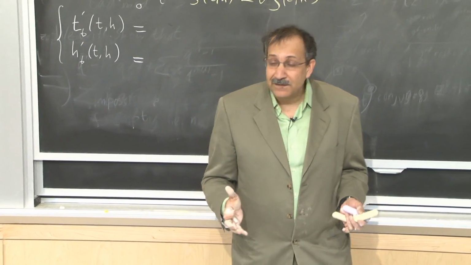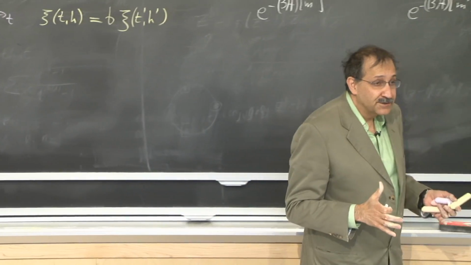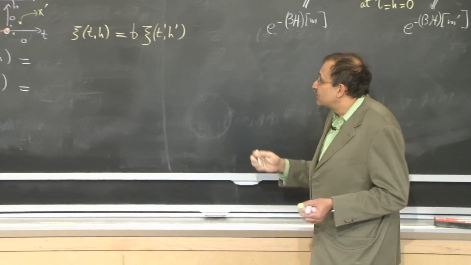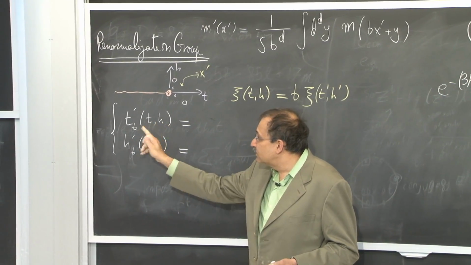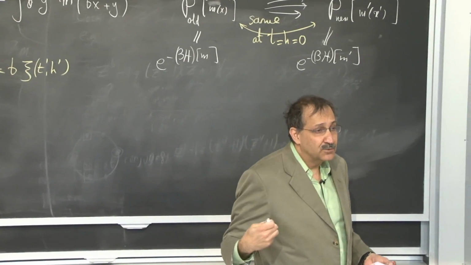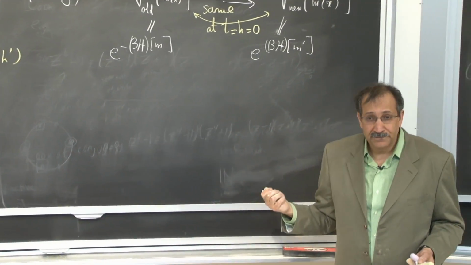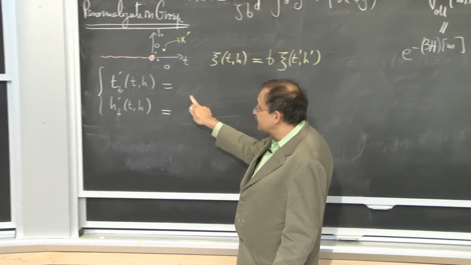It doesn't matter. 100 cube, 200 cube. You are doing some analytical function. So the transformation that relates these to these, the old to the new, should be analytical, and hence you should be able to write a Taylor series for it. So let's try to make a Taylor series for this.